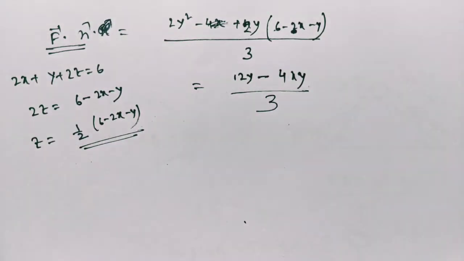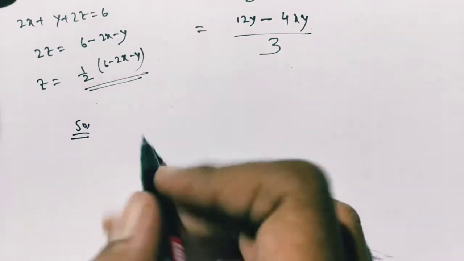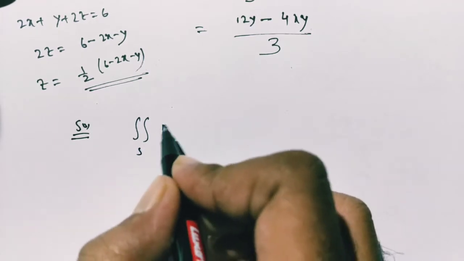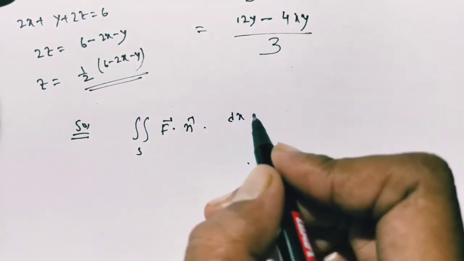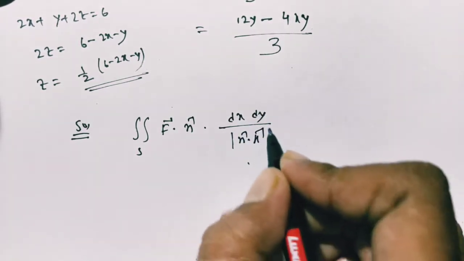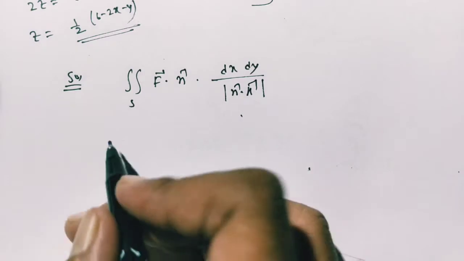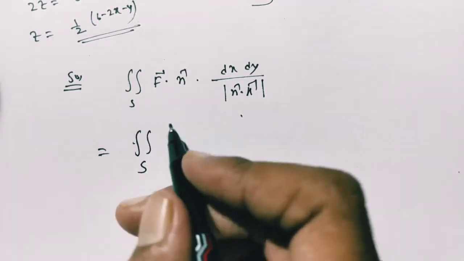Okay, so now let me do the integration. The surface integration of f dot n cap into dx dy divided by mod n dot k. What is f dot n?